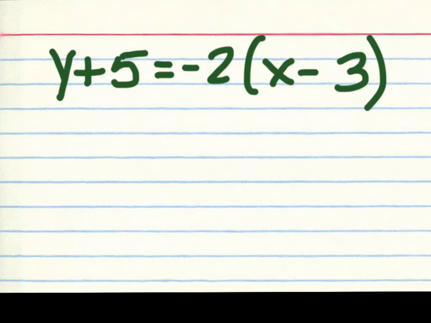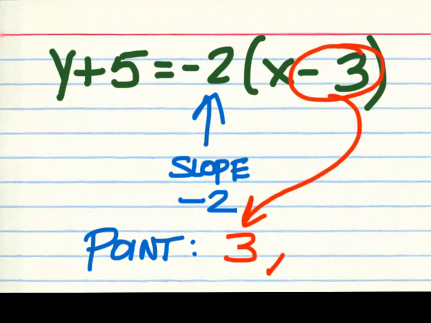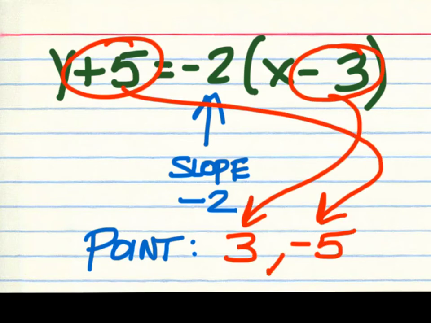That's in point slope form. Y plus 5 equals negative 2 times the quantity x minus 3. The negative 2 is the slope, so that means you would go down 2 to the right 1. And your point would be what? The point would be 3, negative 5.